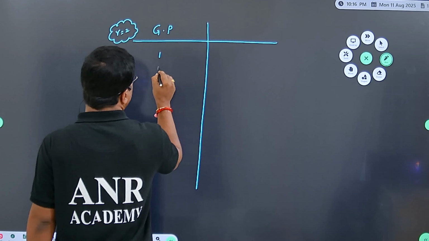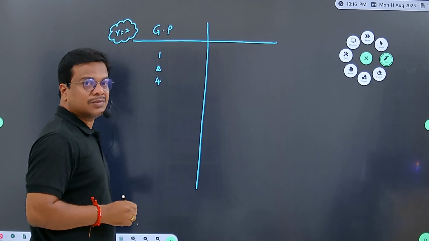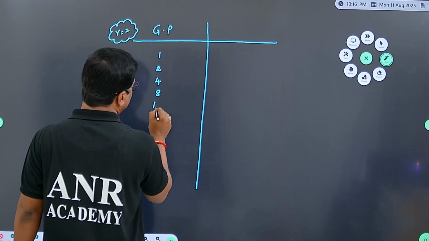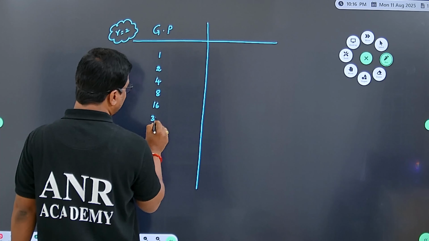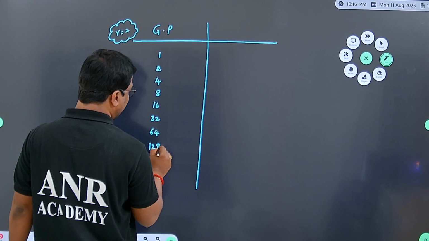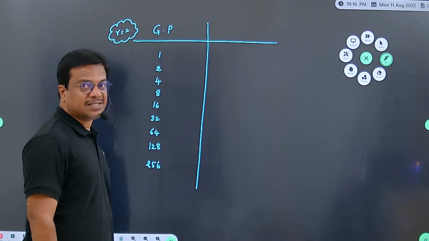The next number is 2, and then you will get 4. After that we get 8, and then 16. After that 32, next 64, 128, and finally we get 256.